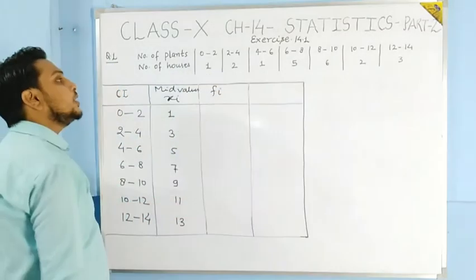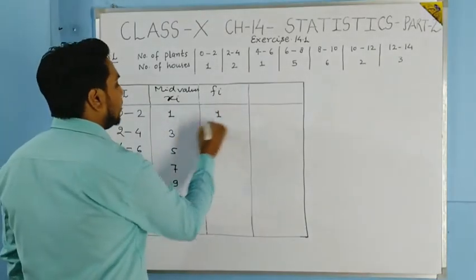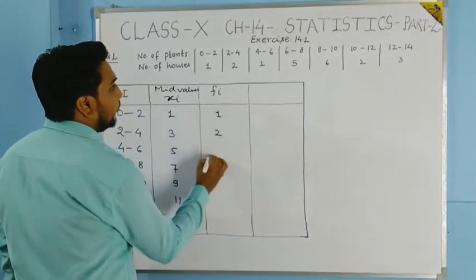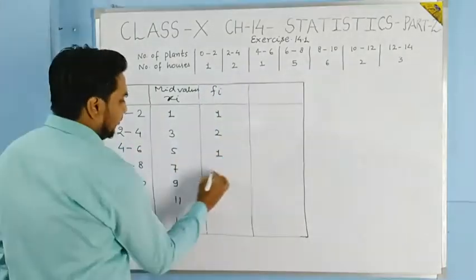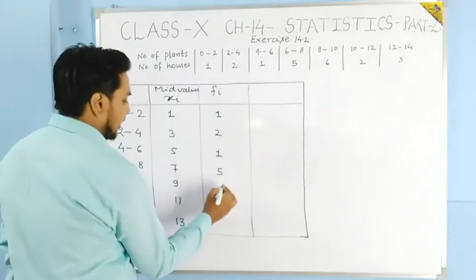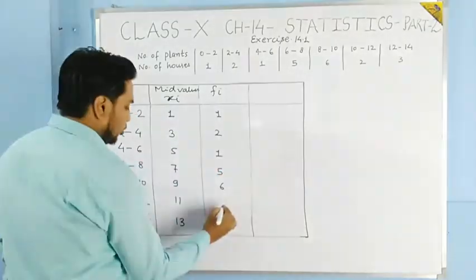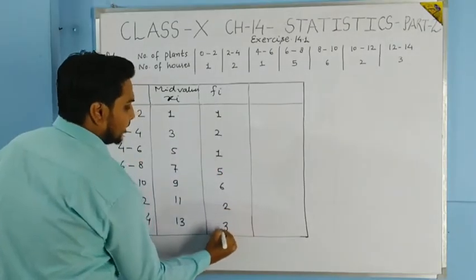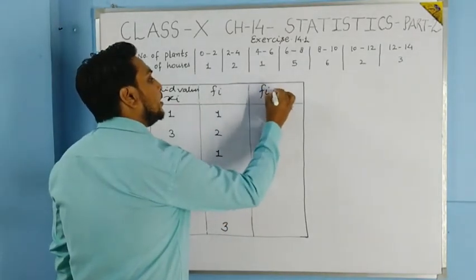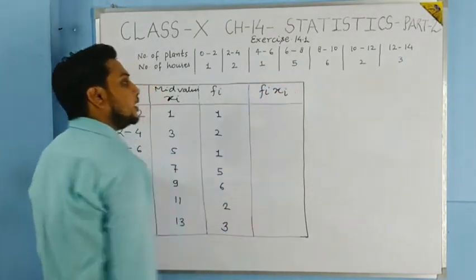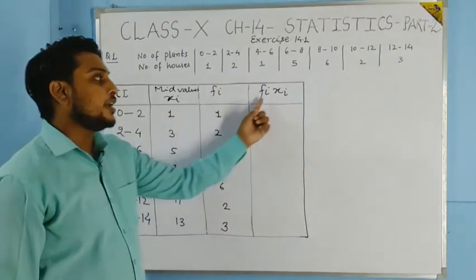Number of houses, it is given 1, 2, 5, 1, 2, 1, 5, then 6, then 2, and after that it is given 3. In the last column students, remember what we found in the last part of the video, fi xi.